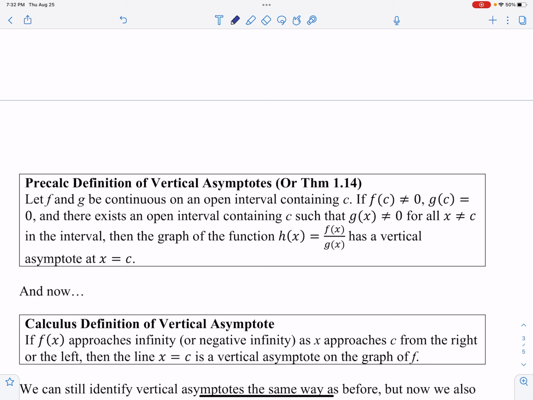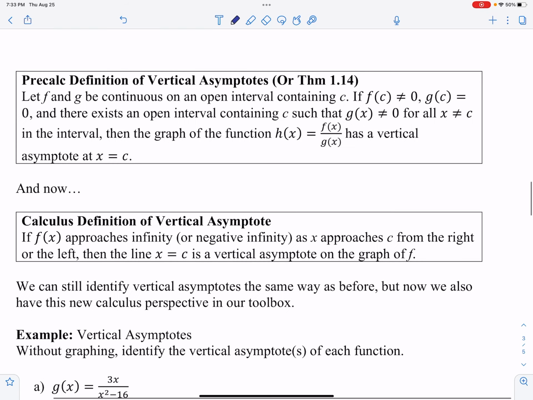That sounds really complicated, but what it basically says is if you plug in c and f of c is a non-zero real number, but g of c is equal to 0, so if you get a non-zero constant over 0, then a vertical asymptote exists at x equals c.